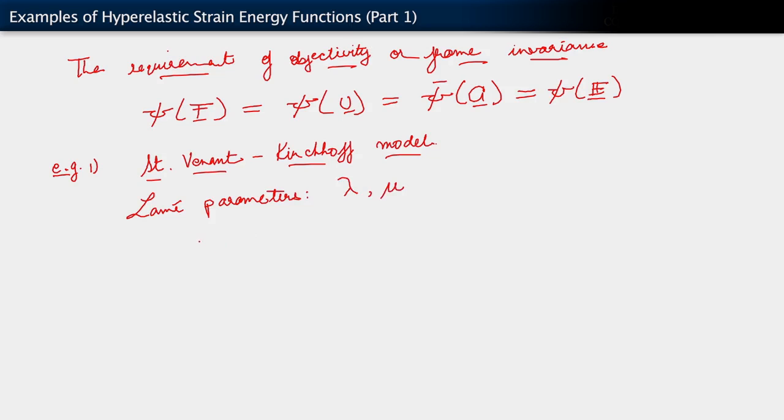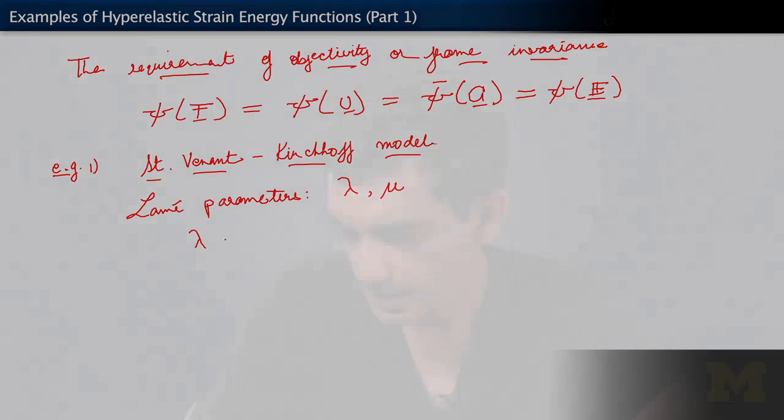Both these parameters can be rewritten in terms of elastic constants that are more familiar from the study of linear elasticity, elasticity with small strains: the Young's modulus and Poisson ratio.